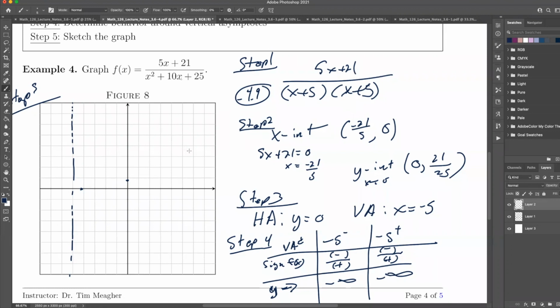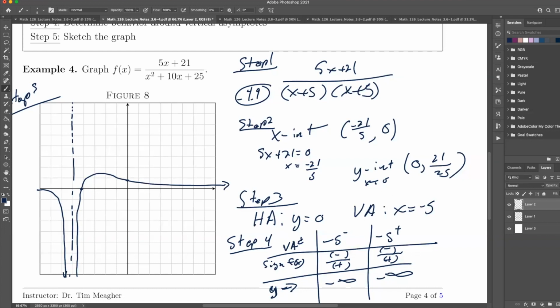So this goes towards -infinity, and we just sketch that in. This one comes up, goes through, and comes back down. But what's my horizontal asymptote? Everything's going to want to approach 0. I'll let you copy this down.